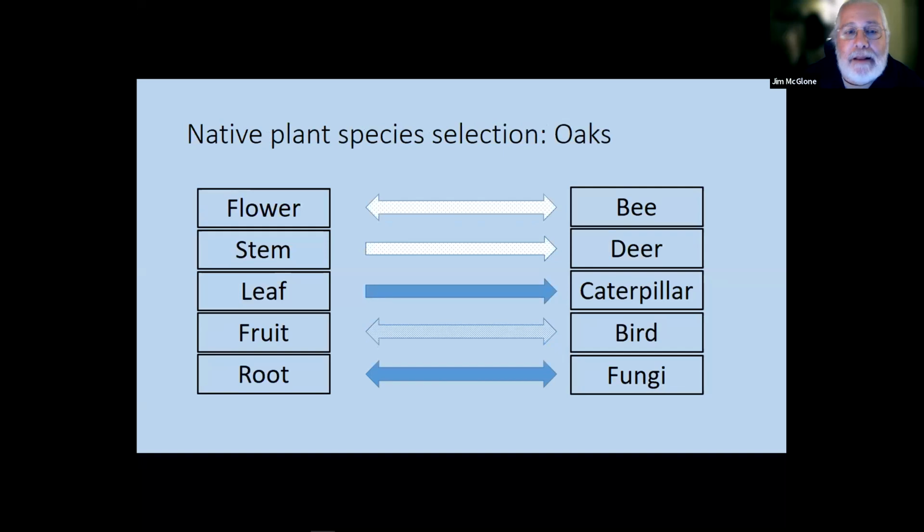The other thing about this model is I realized it also affects native plant species selection. Most of the speakers and a lot of people I hear talking about why we need native plants say we need the native plants to grow the caterpillars, to grow the baby birds. And that is an important and compelling story that we should be telling.